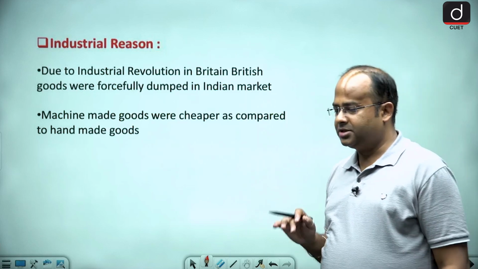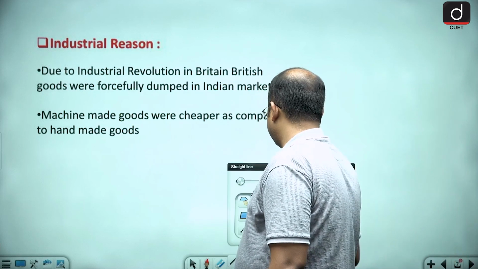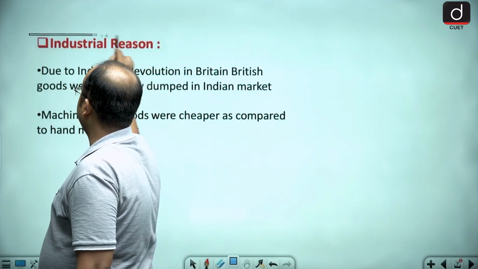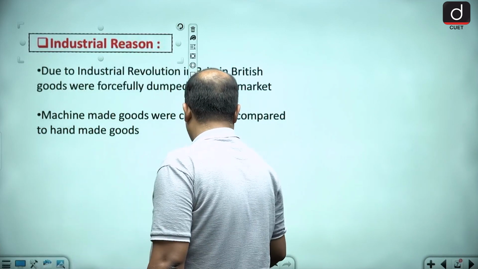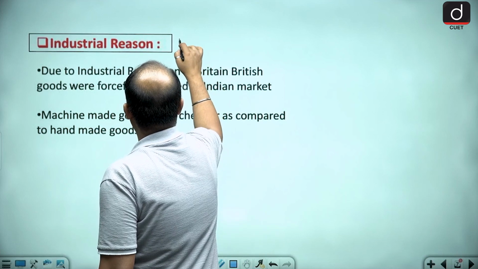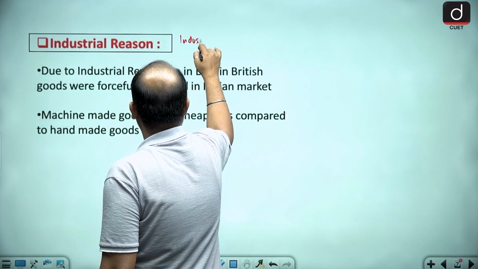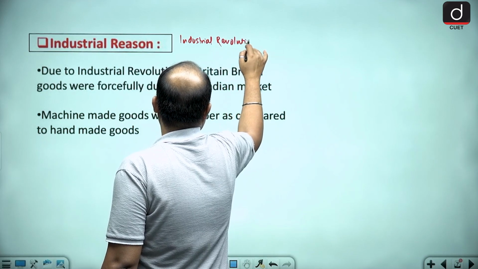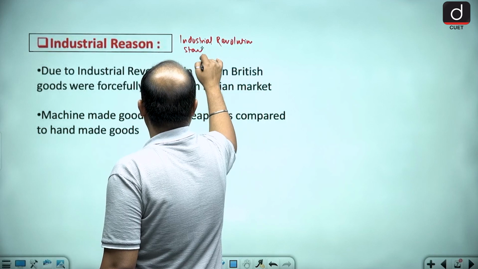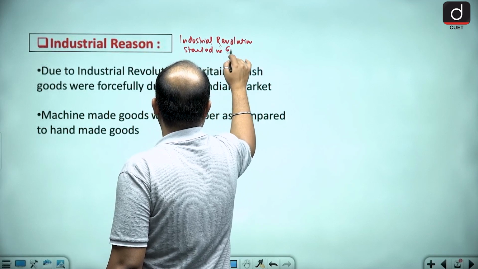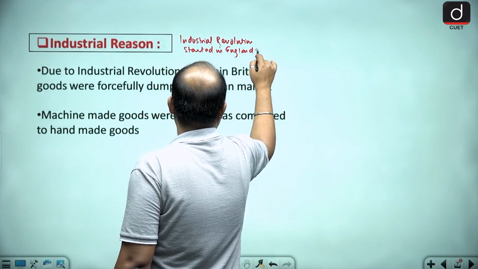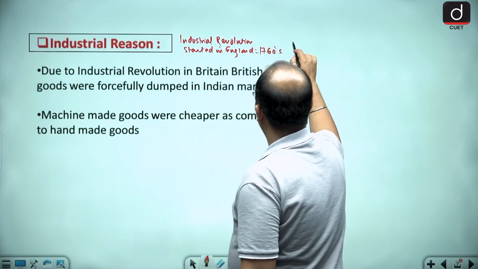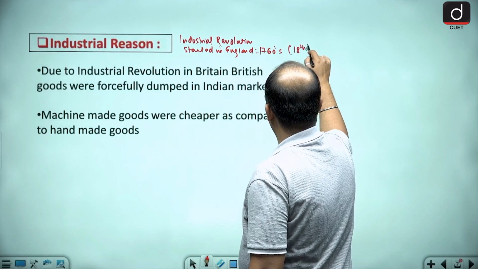Now guys, the next reason was the industrial reason. What was the industrial reason? The Industrial Revolution started in England in the 1760s, that is in the 18th century.